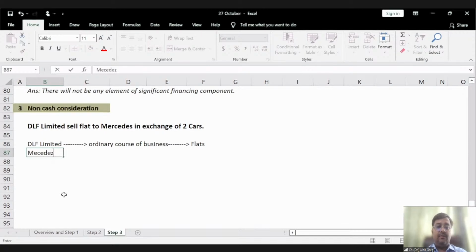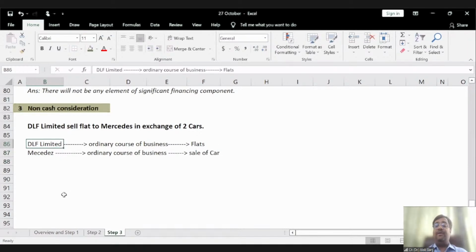The ordinary course of business for Mercedes is sale of cars. And in this case, DLF Limited sells a flat to Mercedes in exchange for 2 cars.